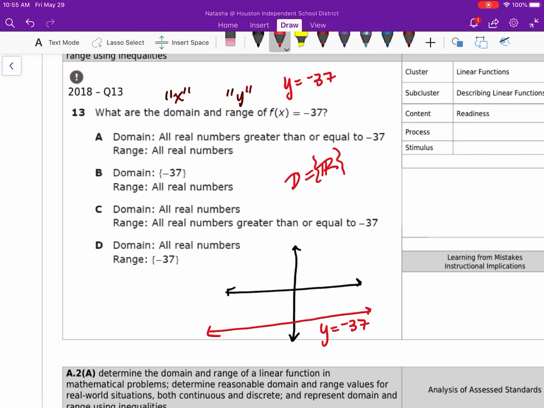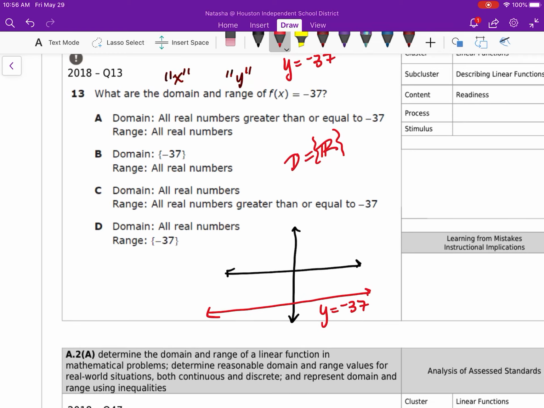Now, the reason that the range of this is not also all real numbers is because of the slope. If I were to talk about this in slope-intercept form, the slope on this is 0, okay? So that means that we're not rising or decreasing, we're staying horizontal, we're staying on the ground.